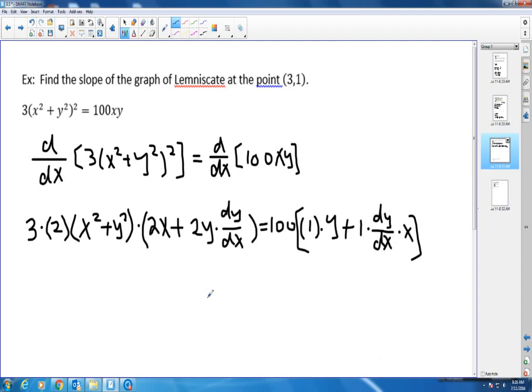Alright, let's simplify this real quick. This is a little bit tricky. Okay, 3 times 2 is 6.